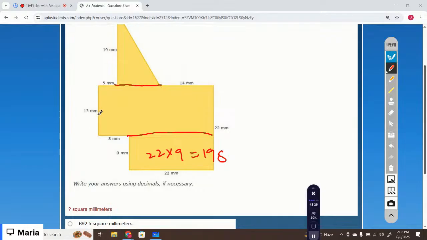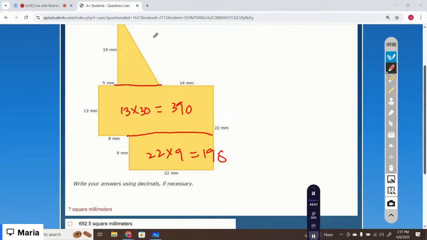Area of this one is 13 times 30, that is 390.